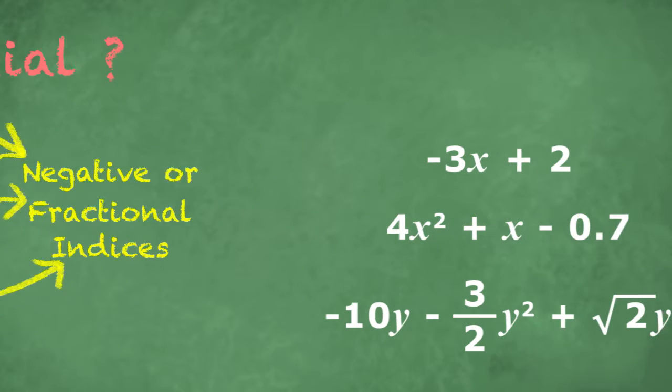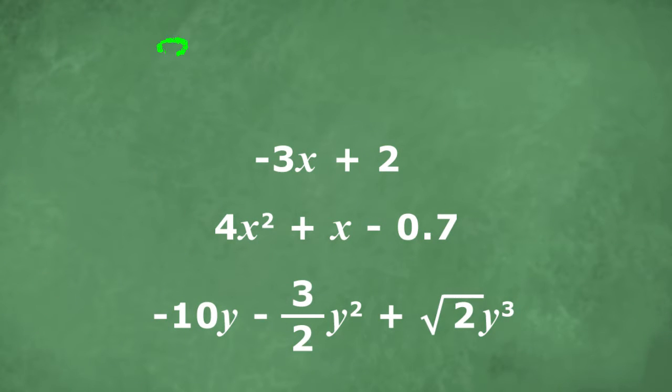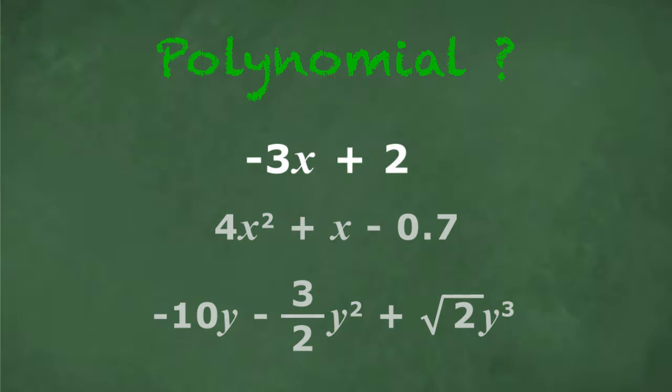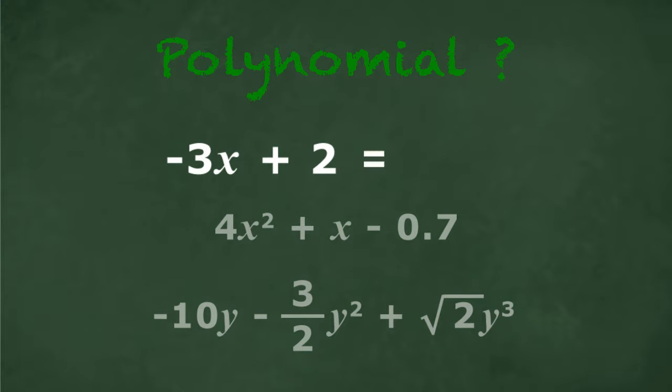Now let's look at these expressions. They are polynomials. Why? -3x plus 2 can be written as -3x to the power 1 plus 2 times x to the power of 0. So the index of x is 1 and 0.